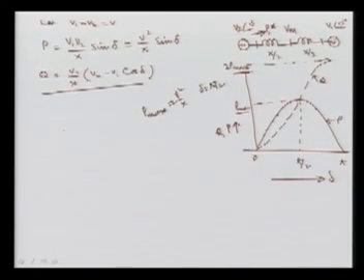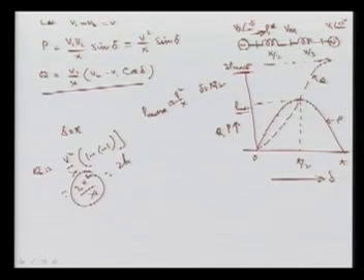You can put delta equal to pi in the above equation and you get V square upon X times 1 minus minus 1, which is 2V square upon X, that means 2 P max. So you get double the value of this P max.